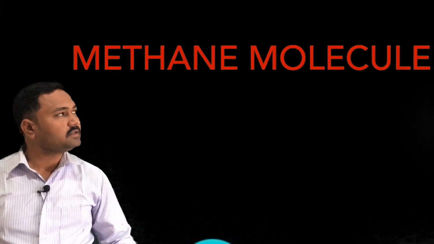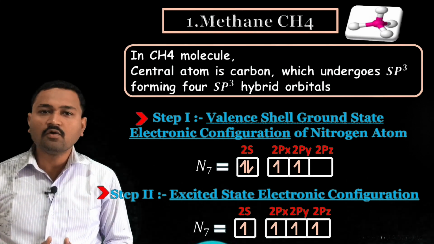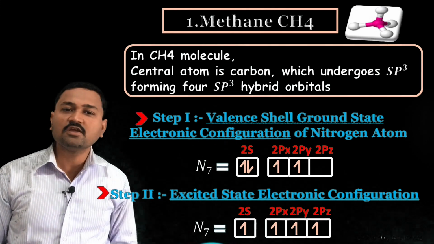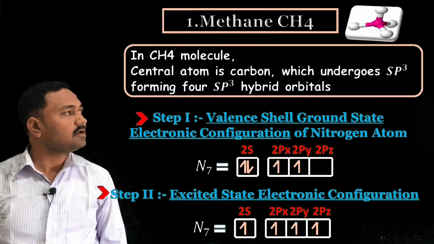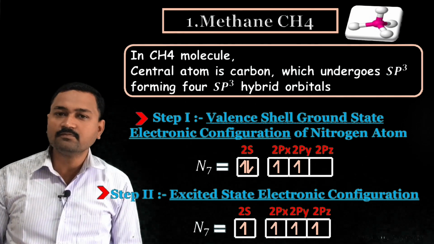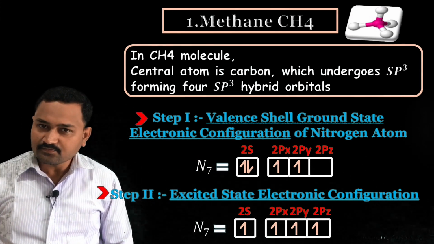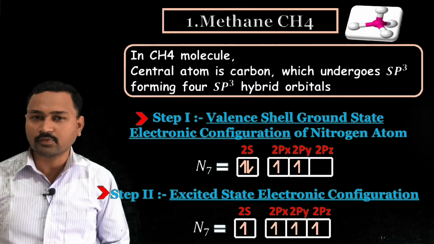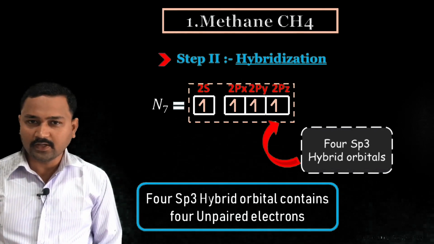Here, I am going to take the first molecule, that is the methane molecule. Here I have shown a very simple application of hybridization theory. In short, you can observe that in methane, carbon is the central atom, which is surrounded by 4 hydrogen atoms, and carbon undergoes sp3 hybridization, forming 4 sp3 hybrid orbitals.